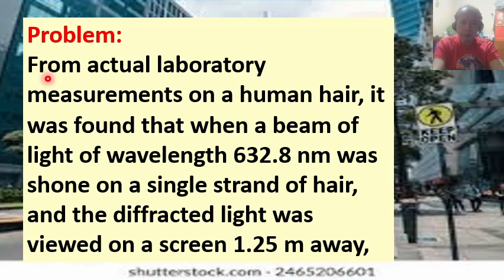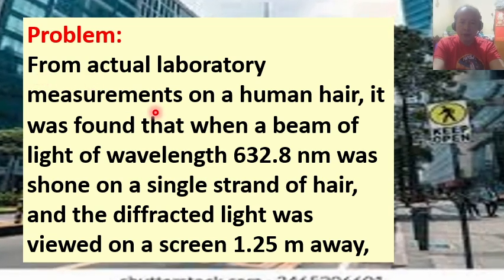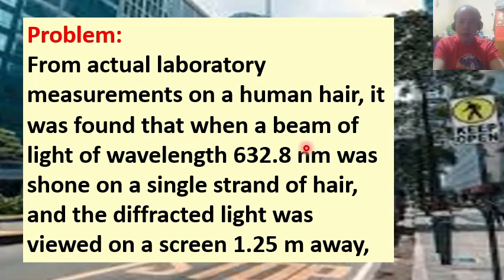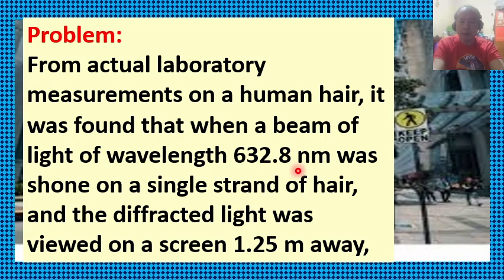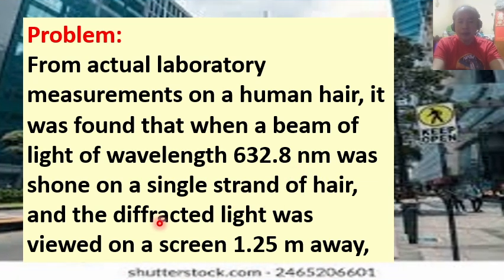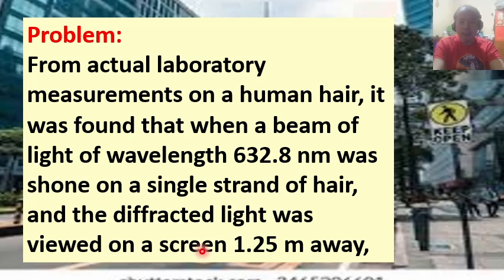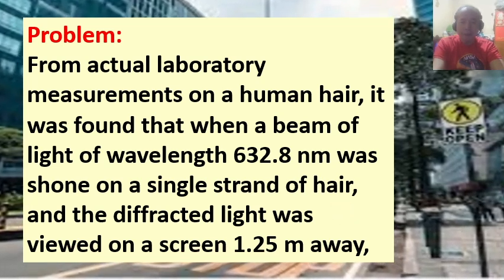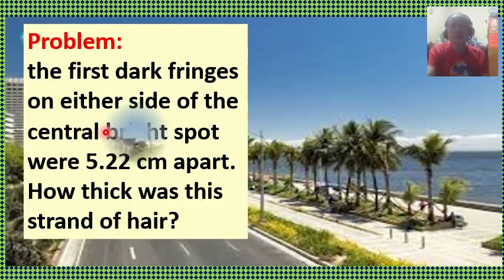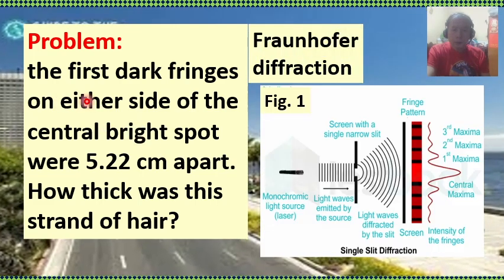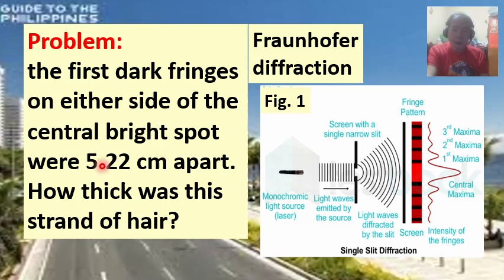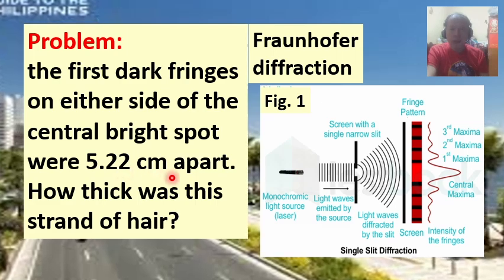Problem is, from actual laboratory measurements on a human hair, it is found that when a beam of light of wavelength 632.8 nanometers was shown on a single strand of hair and the diffracted light was viewed on a screen 1.25 meters away, first dark fringes on either side of the central bright spot were 5.22 centimeters apart.